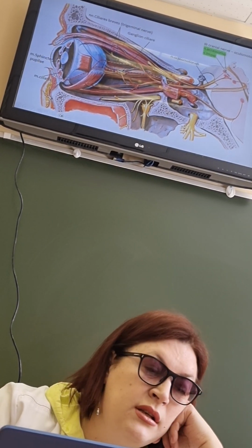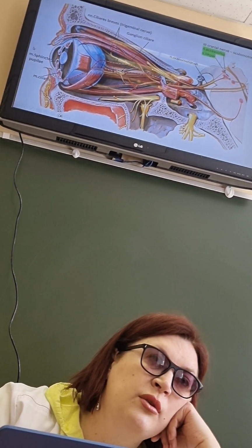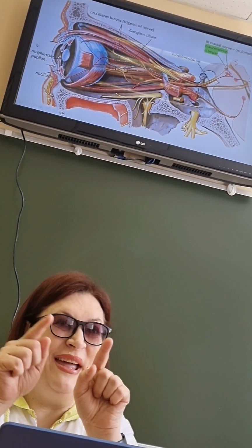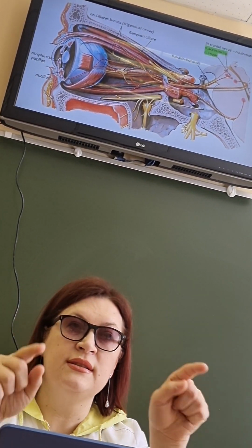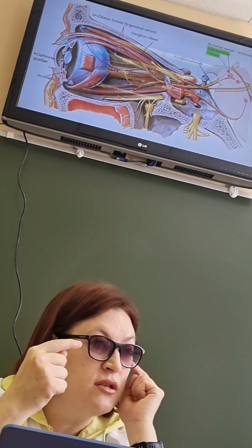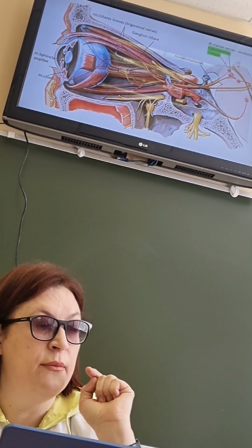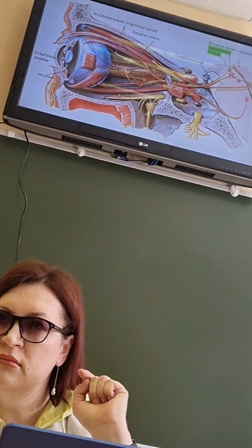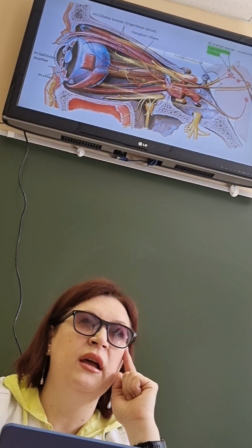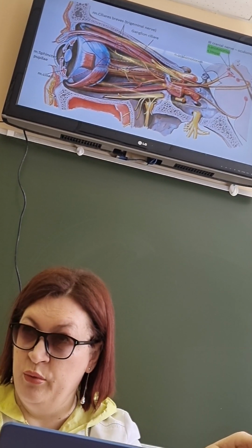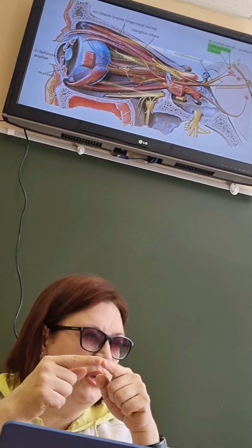Accessory nuclei supply the sphincter pupillae, and being paired, the right nucleus controls the right sphincter pupillae and the left controls the left sphincter pupillae. But between the nuclei we have connections.